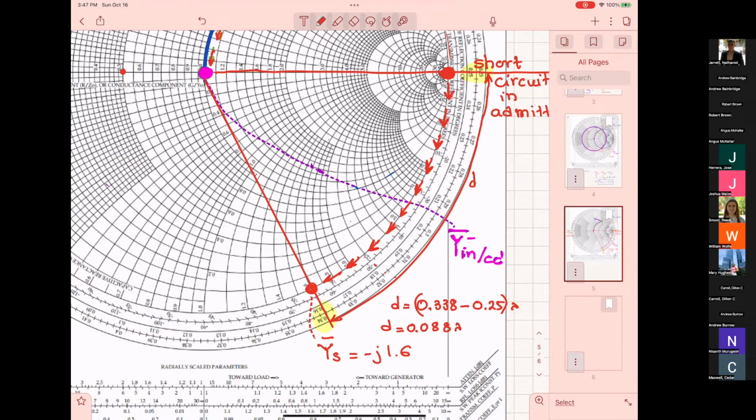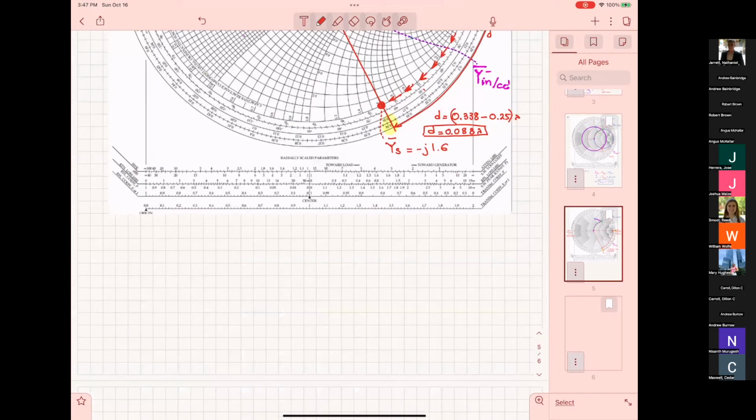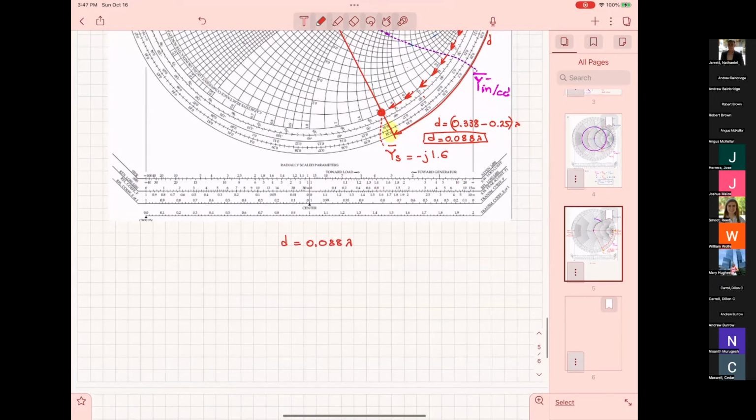Lambda. So I found from there that the length of the stub here is 0.088 lambda. Okay, that is one.